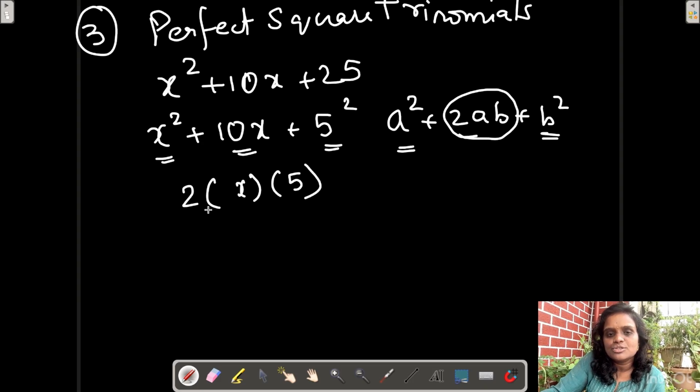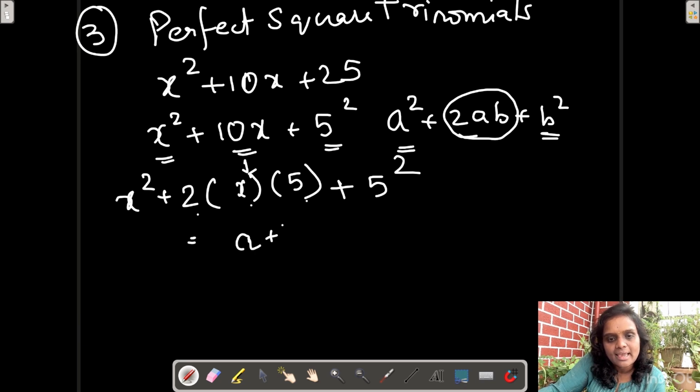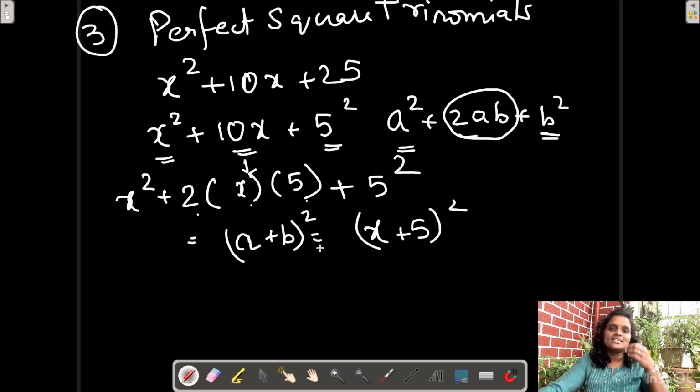So this is 2 into x into 5. 2 into 5 is 10, so 10x. Correct? Yes, very good. So now I can write this as x square plus 2 into x into 5 plus 5 square. This expression is nothing but a plus b whole square, that is x plus 5 whole square. This is how you solve perfect square trinomials.